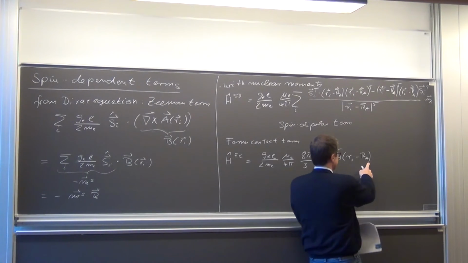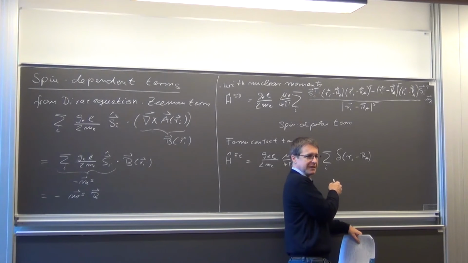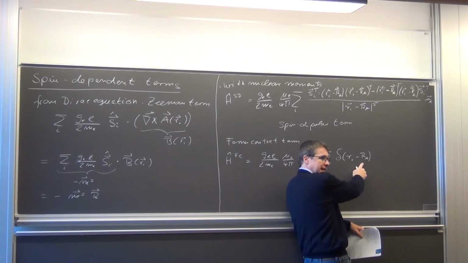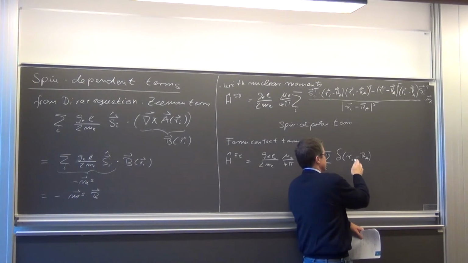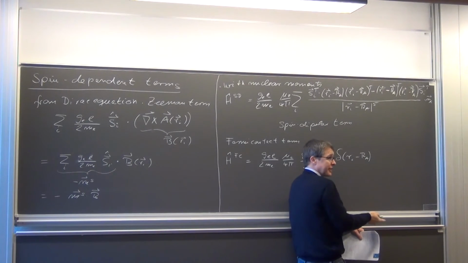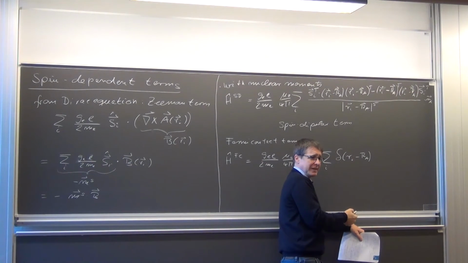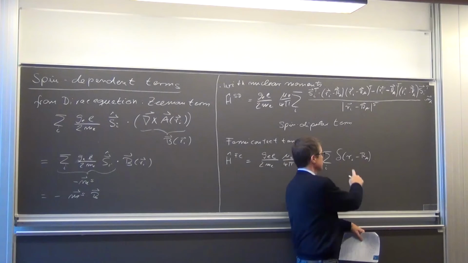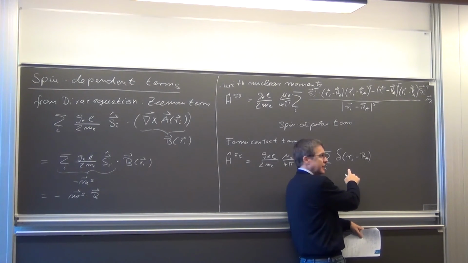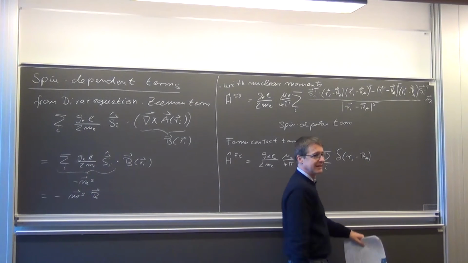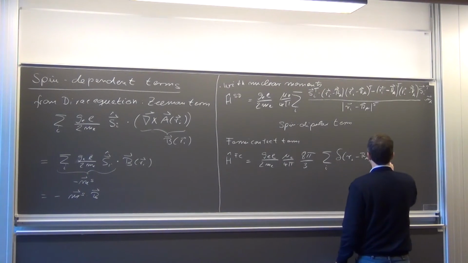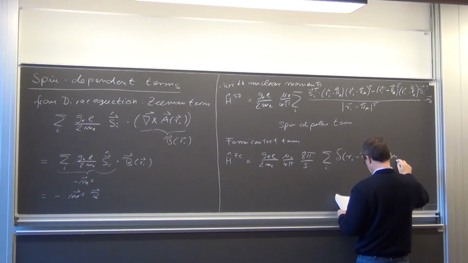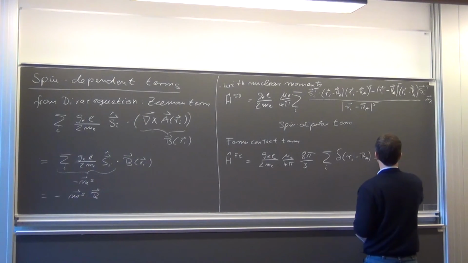Okay, so here we have the Dirac delta function, which means that term only contributes if the electron is sitting on the nucleus. It's at the position of the nucleus, because that Dirac delta function is 0 if that argument is not 0. If there's a distance between them, then it's 0, and it's 1 if the argument of the function is 0. And then we have the electron spin, S_i, and again transposed, because it has to be, well, in this notation here, multiplied with the nuclear magnetic moment.